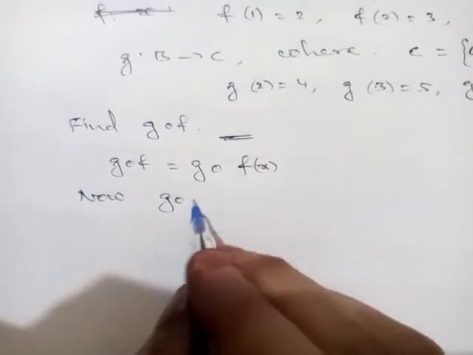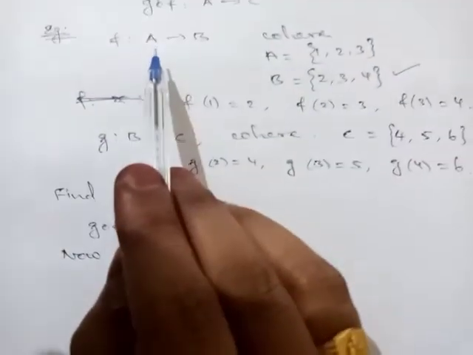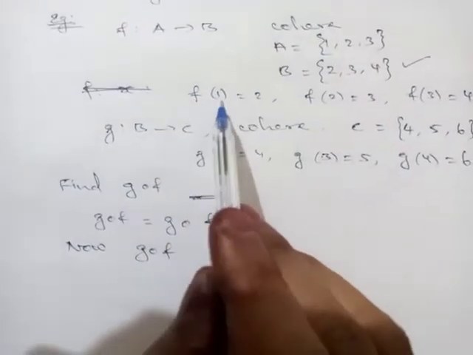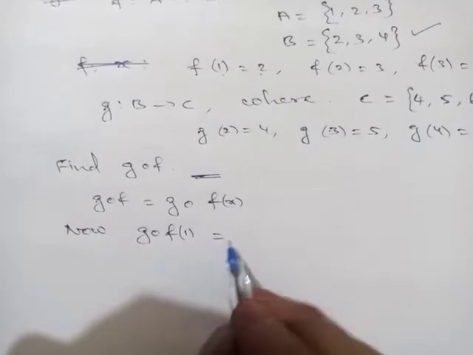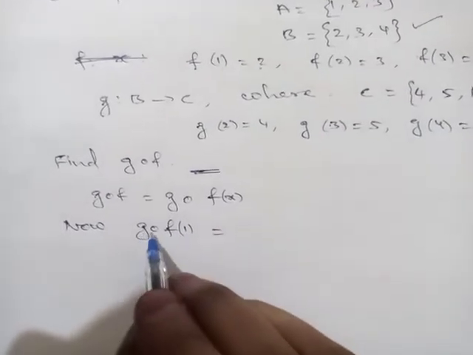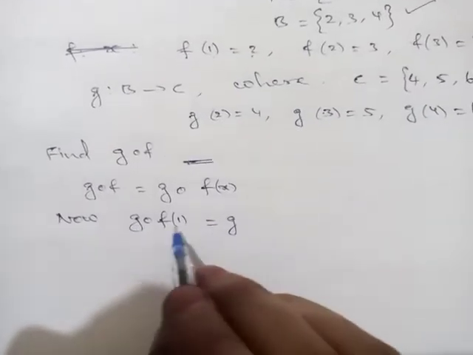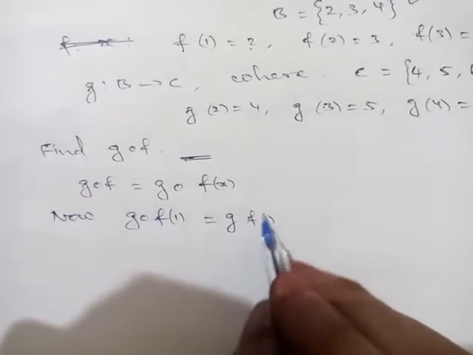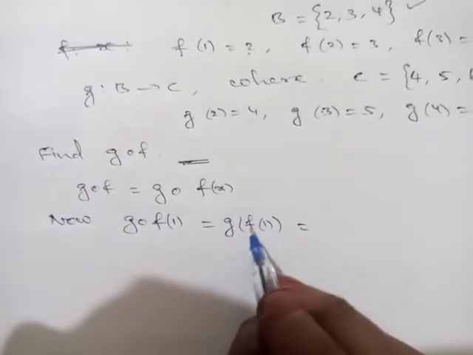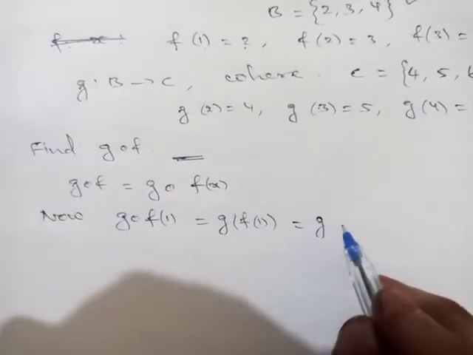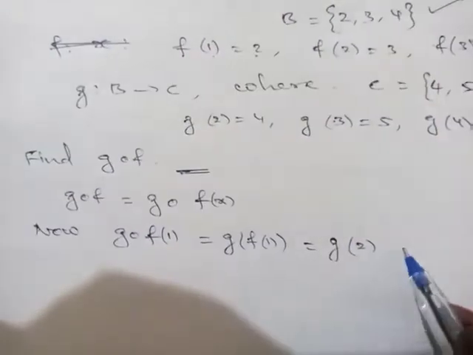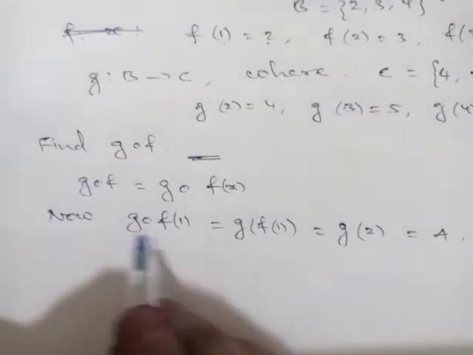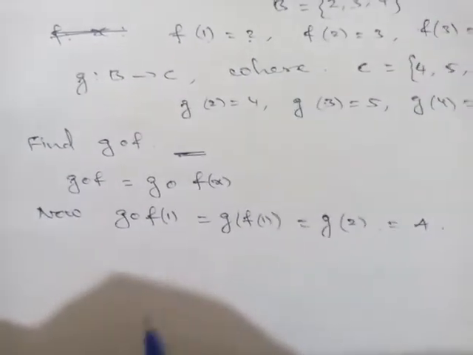The function f starts from A to B, so first apply 1. f of 1 is 2, so g over f of 1 is g of 2, and g of 2 is 4. So g over f of 1 is 4, the first value.